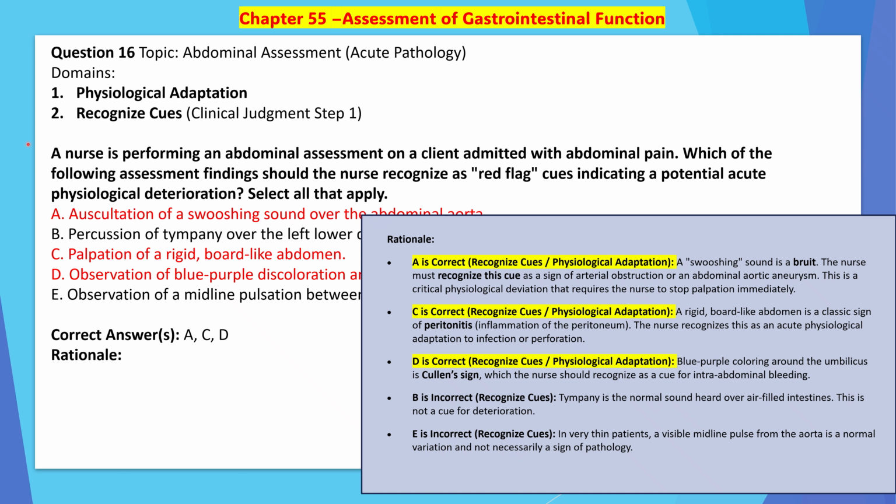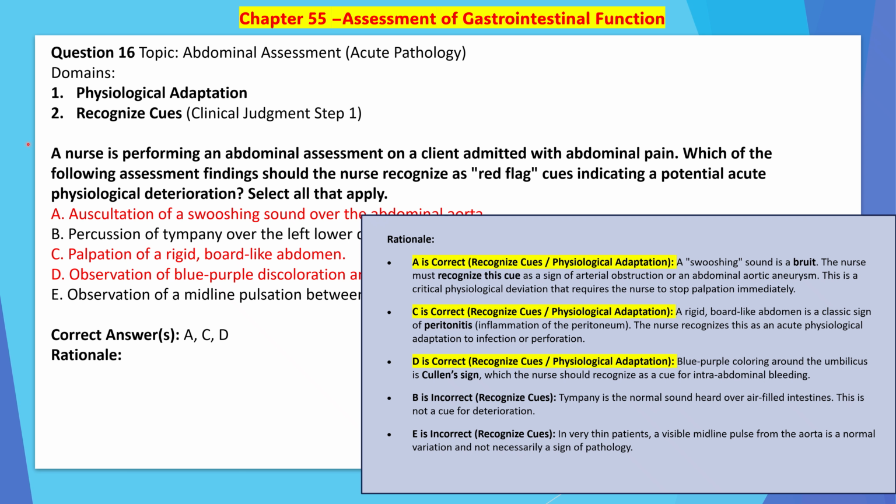The palpation of a rigid board-like abdomen is a classic sign of peritonitis, inflammation of the peritoneum. The nurse recognizes this as an acute physiological adaptation to infection or perforation.